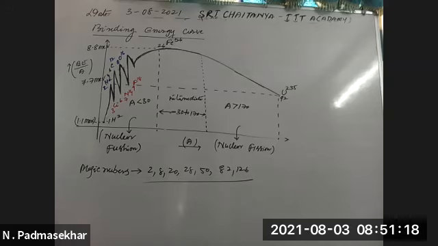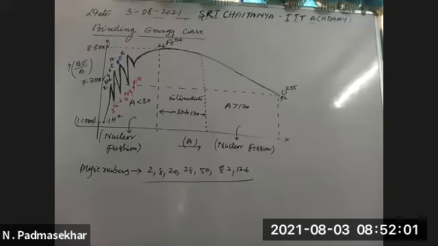The nucleus having either number of protons or number of neutrons in any one of the magic numbers, write down the magic numbers: 2, 8, 20, 28, 50, 82, 126.